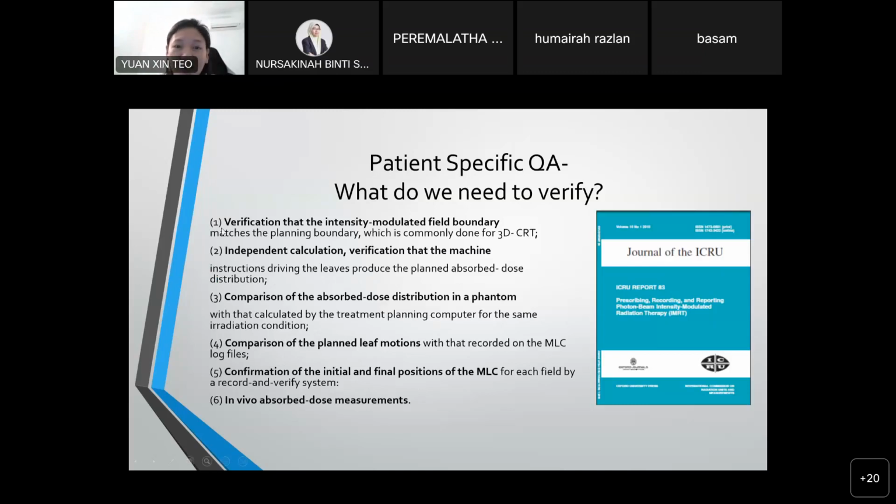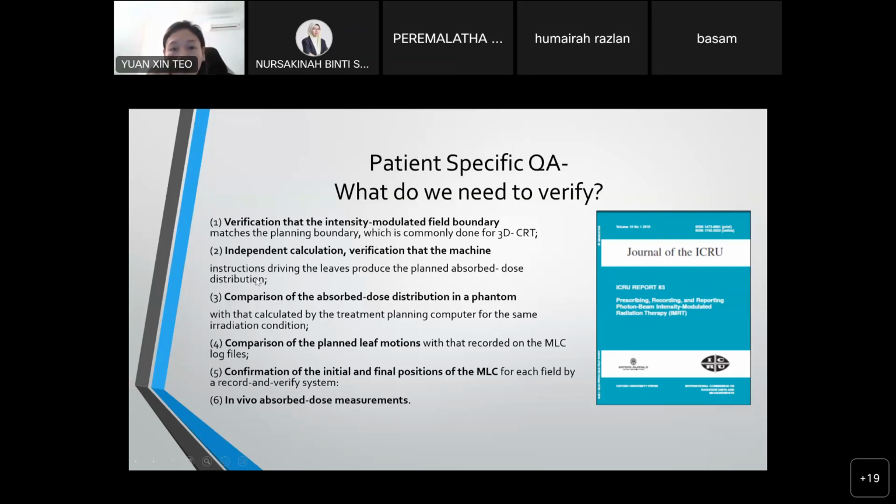First, the verification of the intensity modulated field boundary. If the shape is a triangle, then in your patient treatment QA the shape will also be a triangle. If it comes out a diamond shape, your plan fails. Second, independent calculations and verifications that the machine's instructions driving the leaves produce the planned absorbed dose distribution.